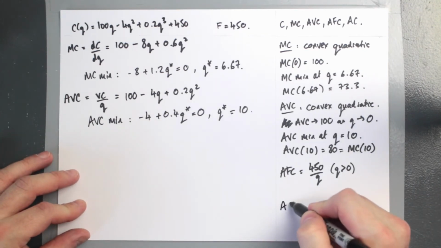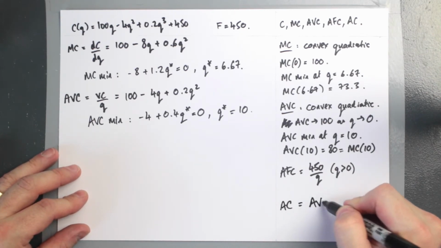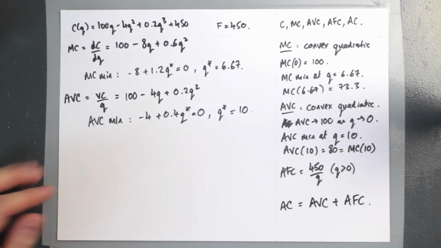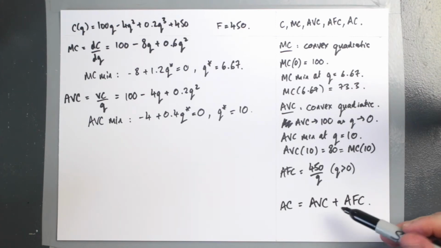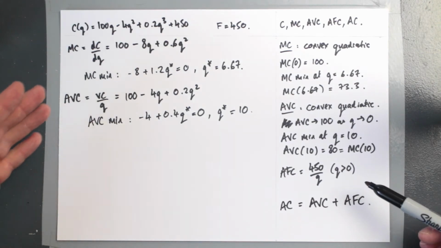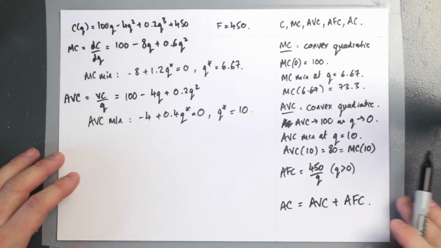Okay, and then the final one, average cost, would be average variable cost plus average fixed cost. Okay. Now, to produce a diagram of this is kind of the trickiest. You could write out the expression, the parametric form for this, and then use some facts of calculus to figure out what it looks like.